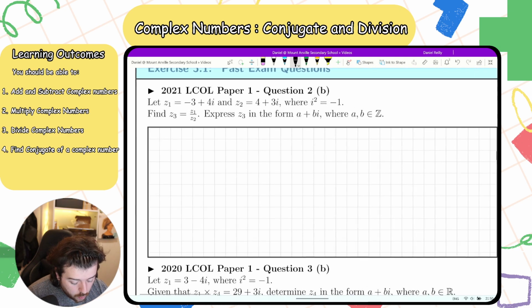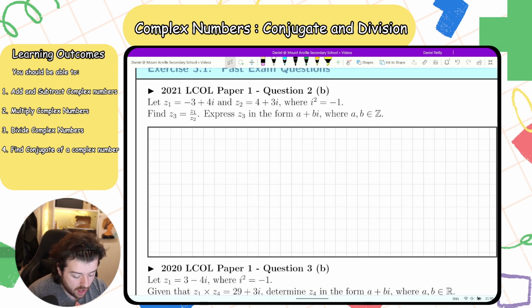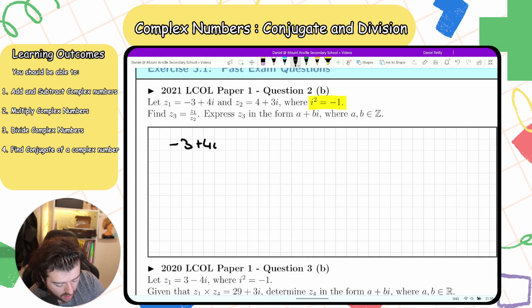Let z1 equal minus 3 plus 4i and z2 equal 4 plus 3i, where i squared is equal to minus 1. Find z3, which is z1 divided by z2. So minus 3 plus 4i all over 4 plus 3i. I have a complex fraction.